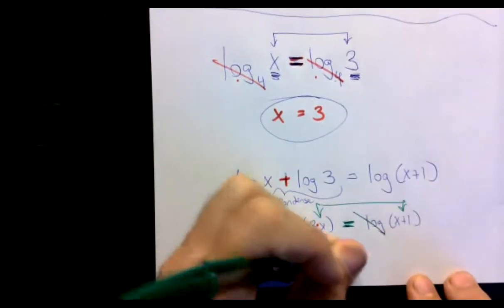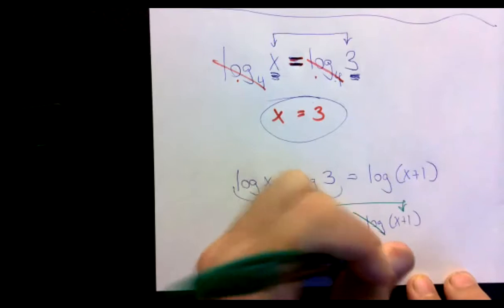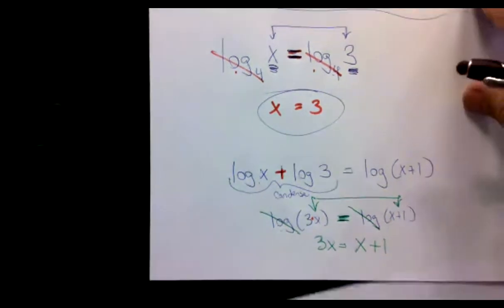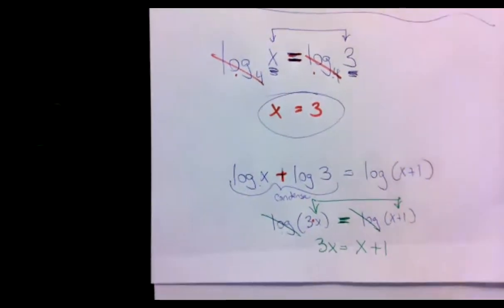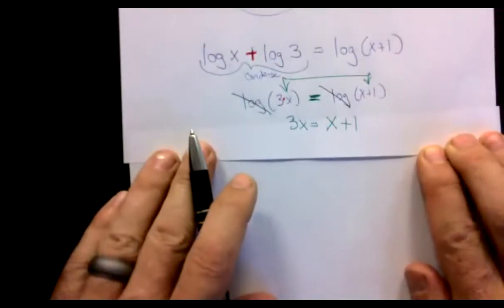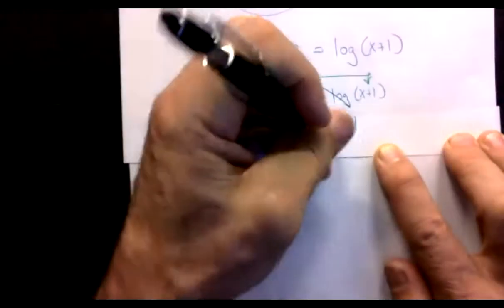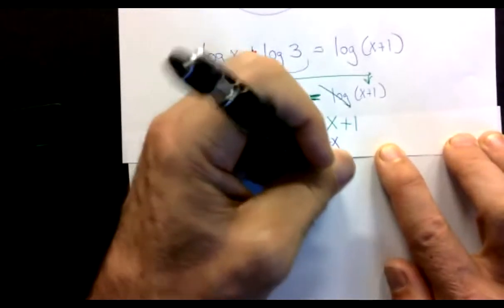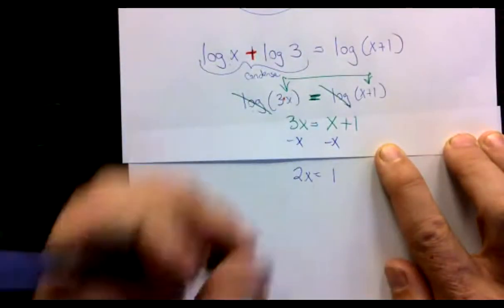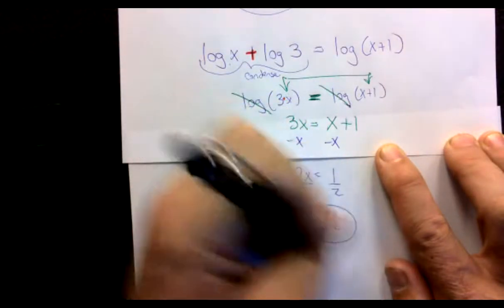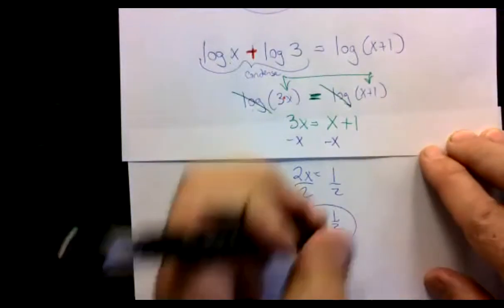We're going to set it up where 3x equals x plus 1, and then we'll turn around and solve that. So we'll get our x's on the same side. So 3x minus 1x is 2x. Divide, divide. x is 1/2.